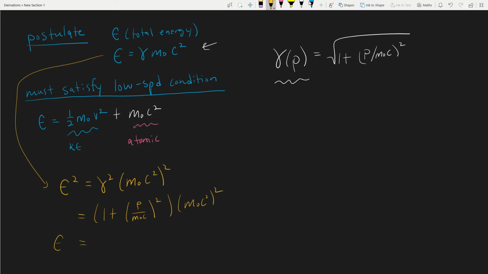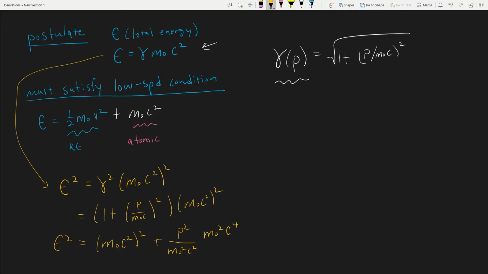And then we get E squared equals m naught c squared, squared, plus, and I'm going to write this out just so I don't mess this up, there's a lot of squares going on here, p squared over m naught squared c squared times m naught squared c to the 4.